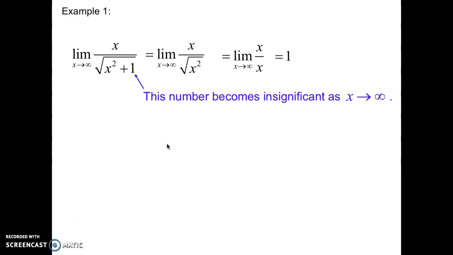And anything over itself except for 0 is actually 1. So I did a little bit of algebra and a little bit of thinking through the problem to say as x approaches infinity, it looks like this function has a targeting value of 1, meaning that y equals 1 is a horizontal asymptote for this function.